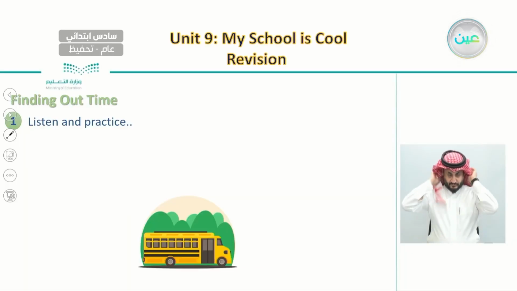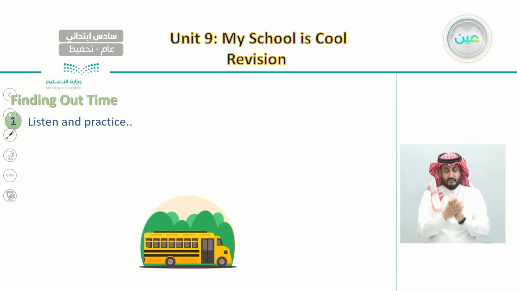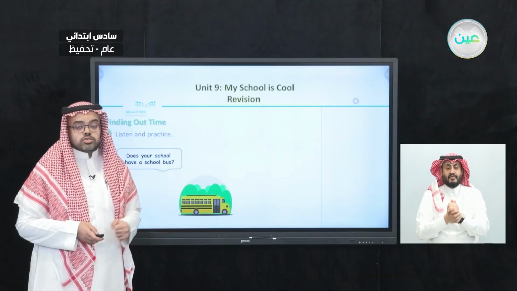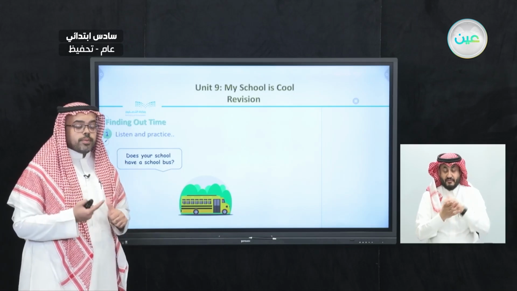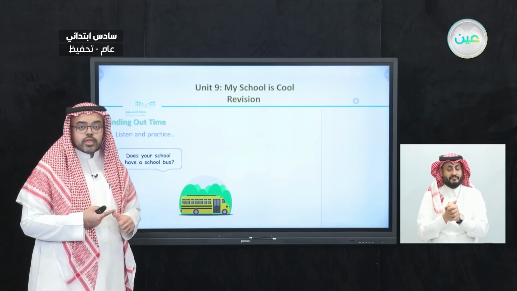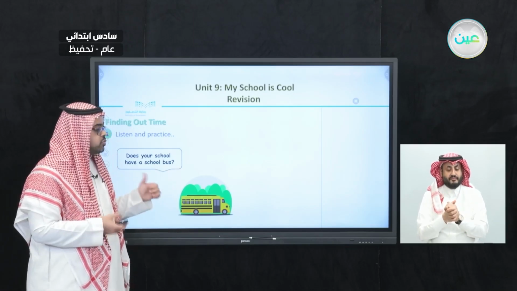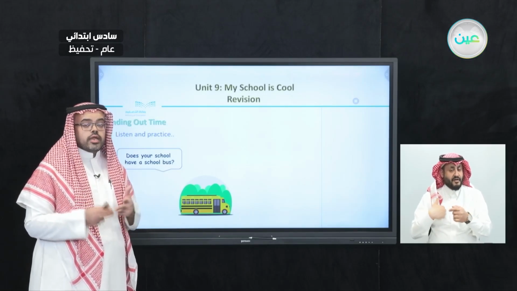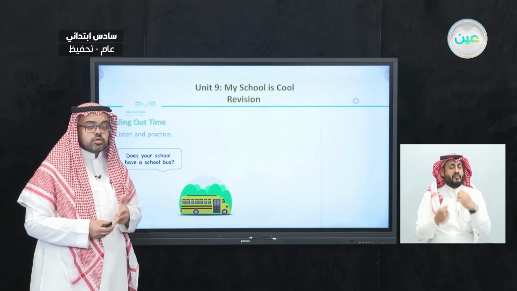Now, let us move on to the fourth one. The fourth question is, does your school have a school bus? You need to keep this information in mind. So we talked about the lunch, the name of the school and how many students are in your school.